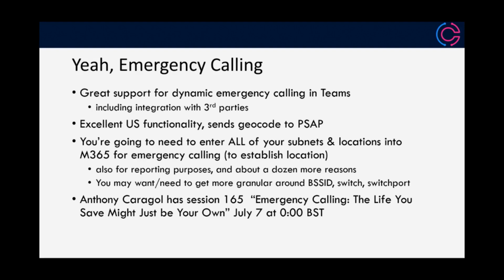There's excellent functionality in Teams for emergency calling, especially in the US. One of the things that a lot of organizations aren't necessarily prepared for when I start engaging with them is the need to gather their IP subnets and locations, just into a spreadsheet is fine, because we need to tie these locations together.